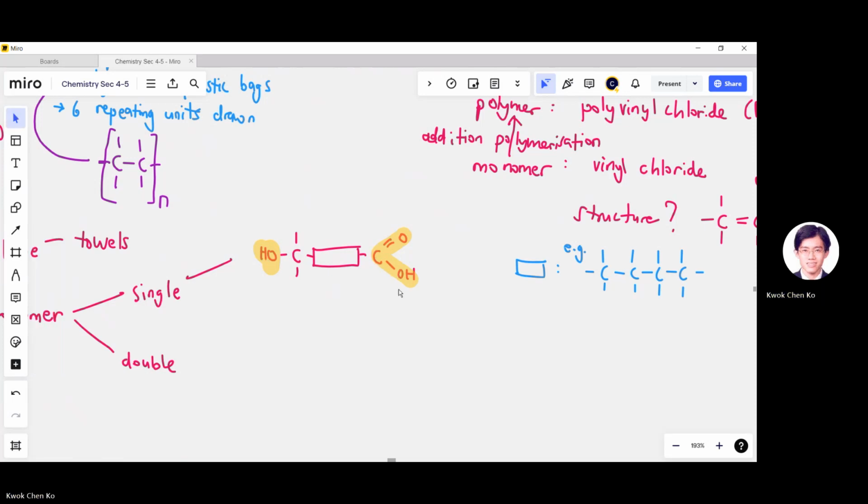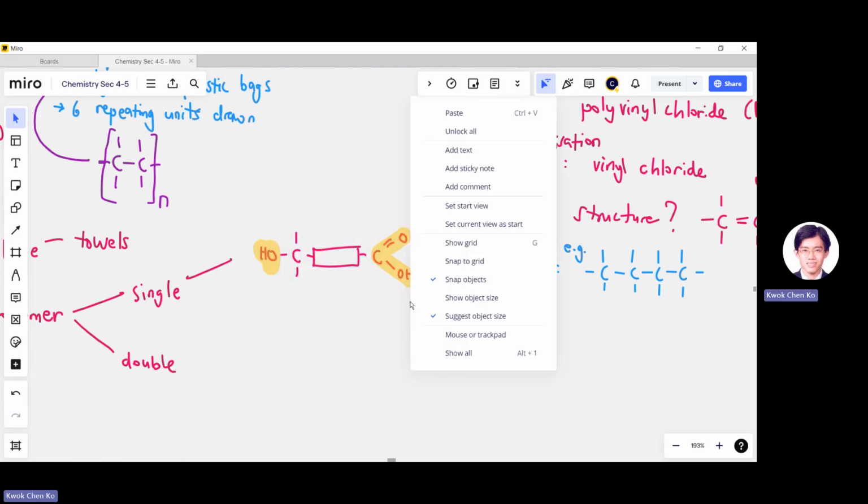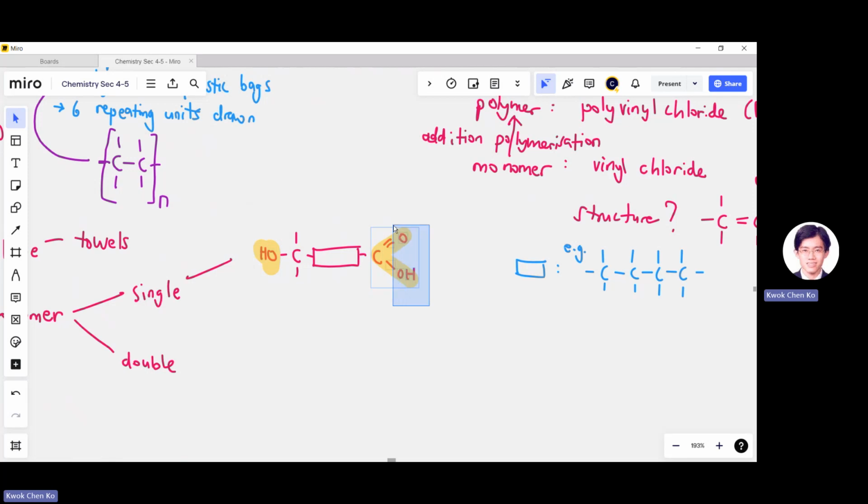But they're going to come together, right? Okay, hold on. Let me redraw this to make it easier, otherwise it's hard to see later on. So I will draw this. Still exactly the same.